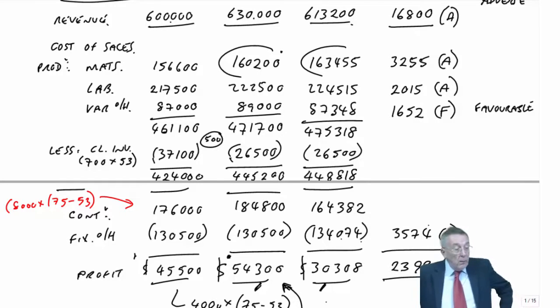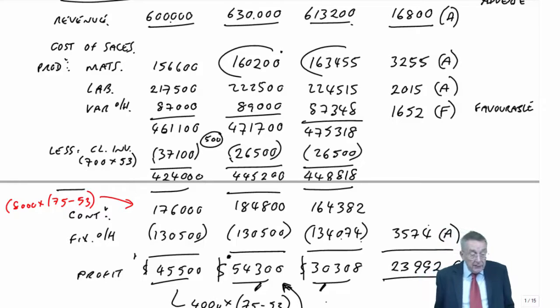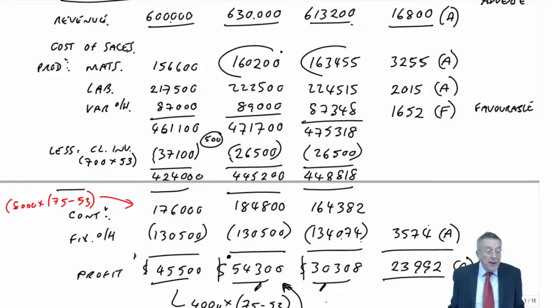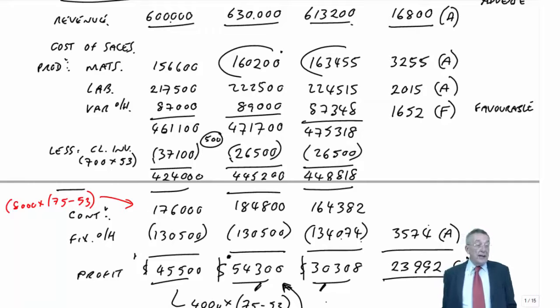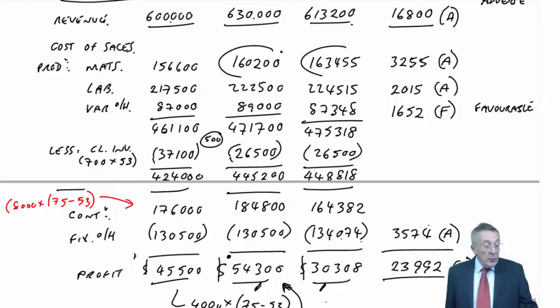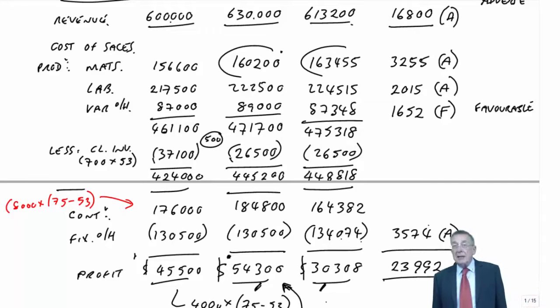Now, we spent more, but it could have been because we were paying too much a kilo. Maybe we did use 4 kilos of material, but we were actually paying $4.60 a kilo. On the other hand, it could have been that we were paying the right price per kilo, but because we're wasting, perhaps we used too many kilos.